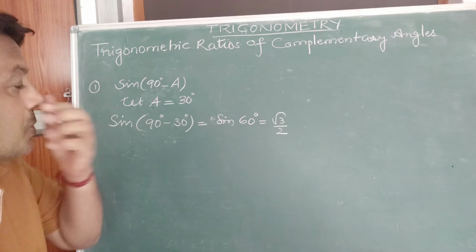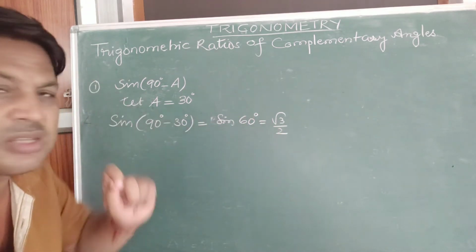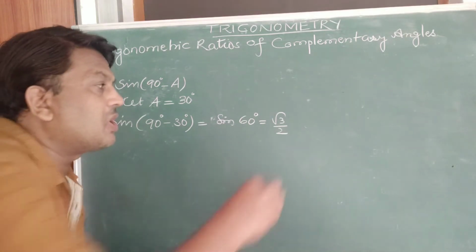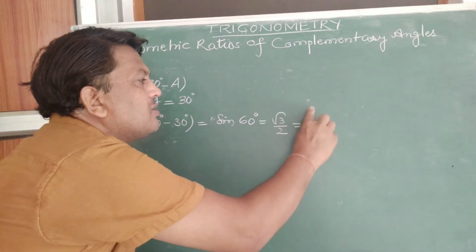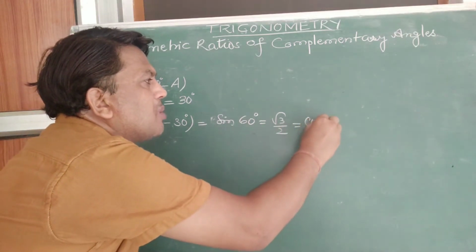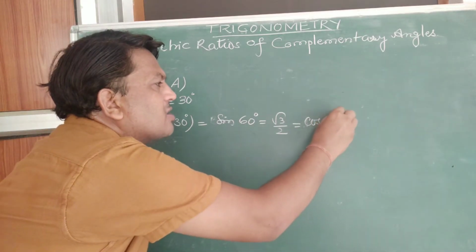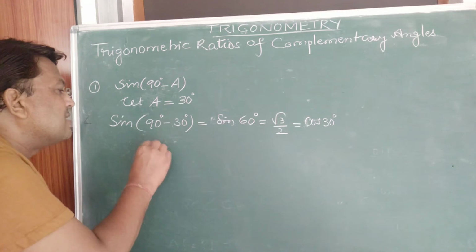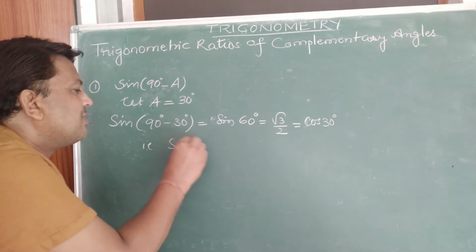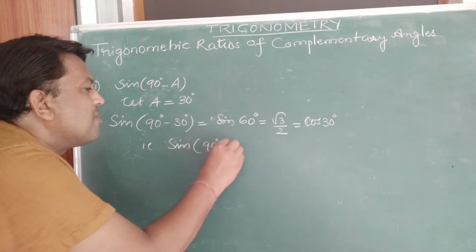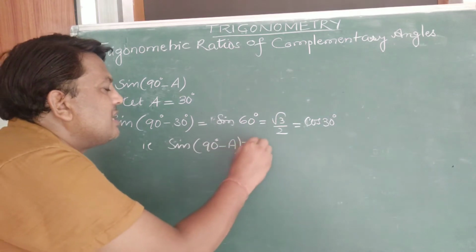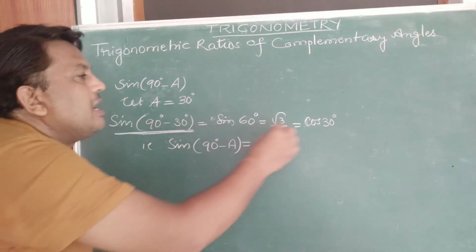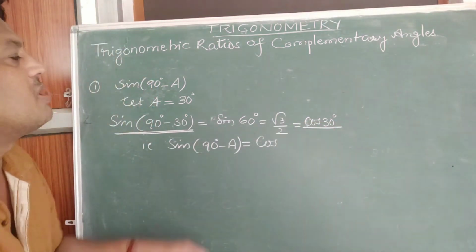And in terms of cos, which angle's value is root 3 by 2, children? That is nothing but cos 30 degree. So sine 90 degree minus A, if you write this in terms of cos, how much is this?